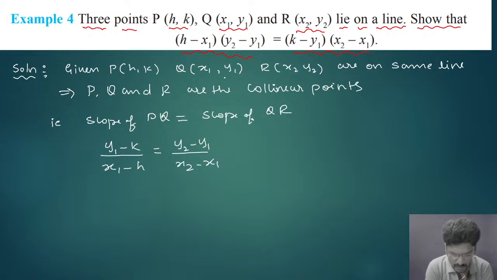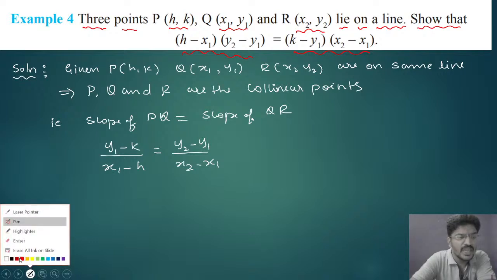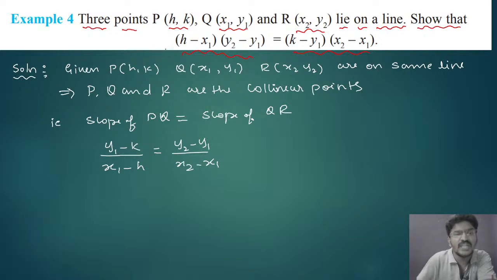Now you just do the cross multiplication, and you will get your required answer. Okay. So you see the required solution. In the required solution, I need h minus x1 and k minus y1. So you convert this to h minus x1 and this term to k minus y1.